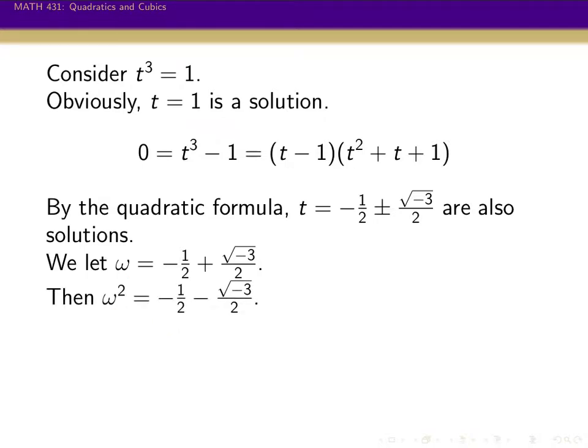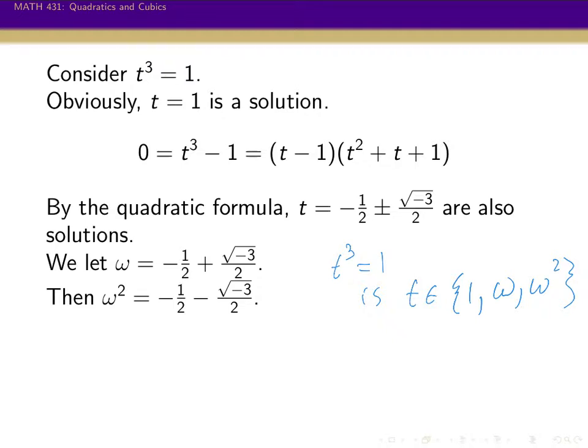And then if we square omega, it turns out that gives us the minus sign. And so the 3 solutions to t cubed equal to 1 are 1, omega, and omega squared. And those are our 3 solutions.